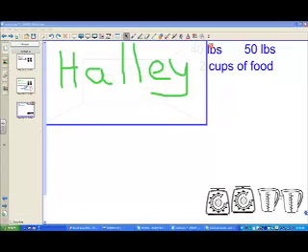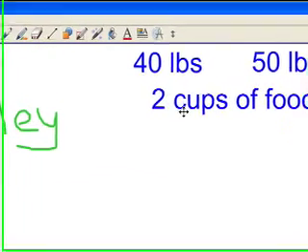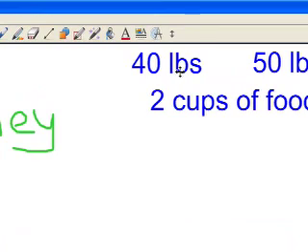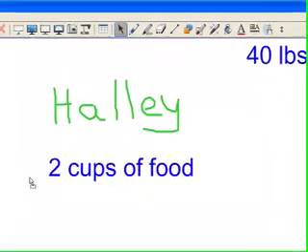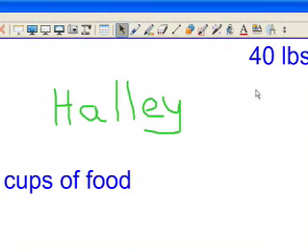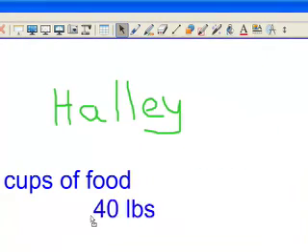Now let's look at Haley's problem. Haley's dog food says to feed 2 cups of food for every 40 pounds. Haley weighs 50 pounds. So here's my 3 pieces of information. What I want to do is I'm going to create a ratio, 2 cups of food for every 40 pounds.